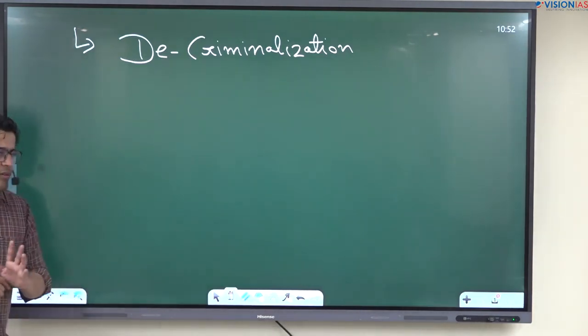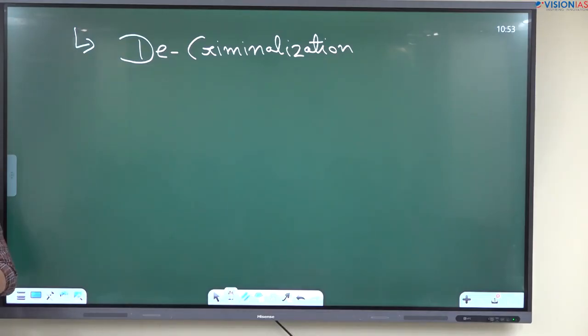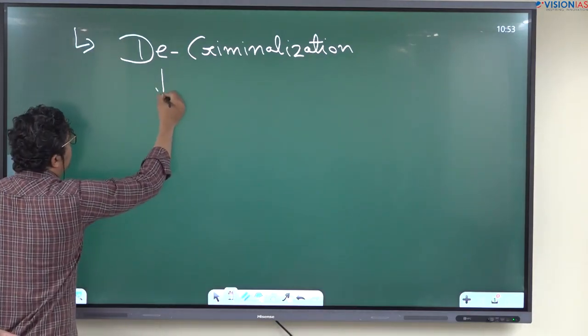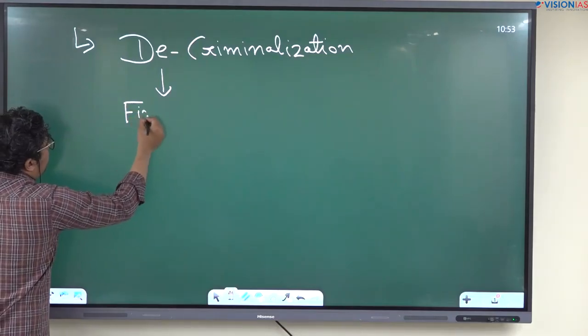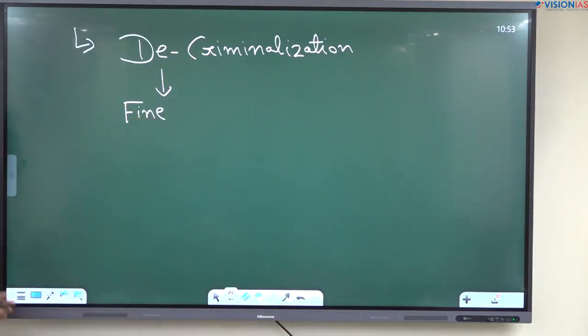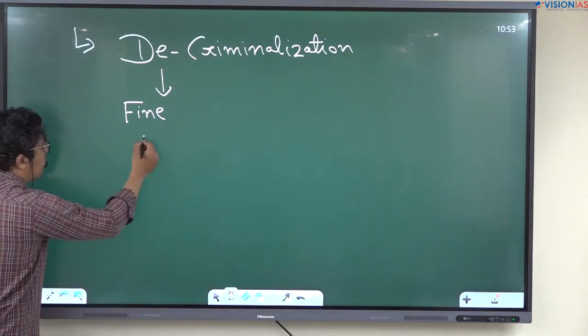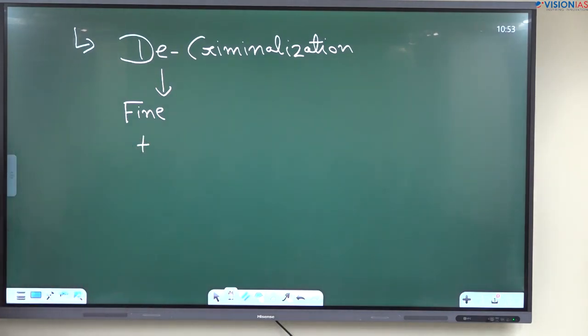It's a criminal offense. But now the amendment has done this: no jail term. If you break a provision under this act, no jail term, only fine. So decriminalization has been done, and instead of a jail term, a fine will be imposed on you. And if you are a regular offender, if you do this again, more fine, but no jail term.